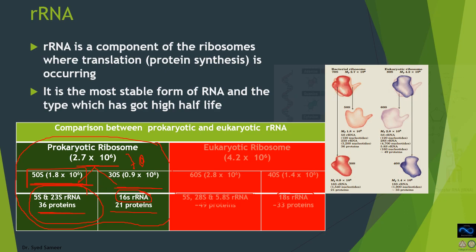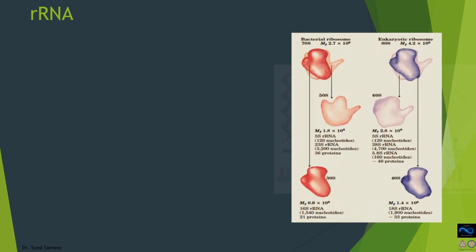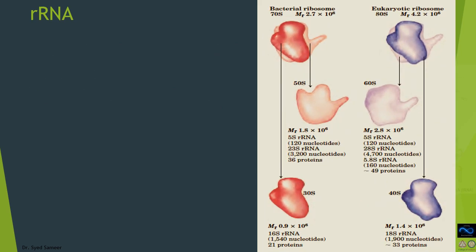These RNAs in the eukaryotes are synthesized by moderately complex DNA, which I have covered in the molecular biology section. You can refer to that also. So this panel gives you the overall visualization of the complexity as well as the content of the different subunits of the bacterial versus eukaryotic ribosomes.